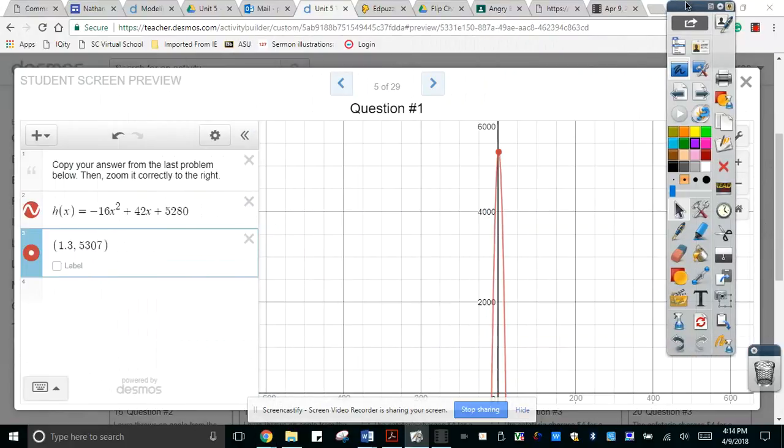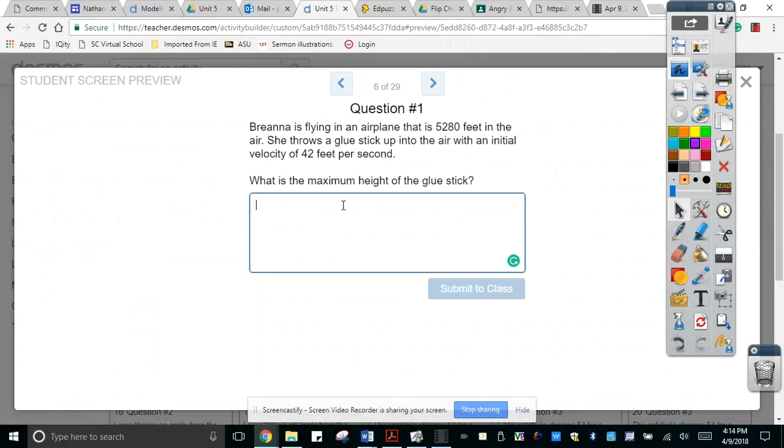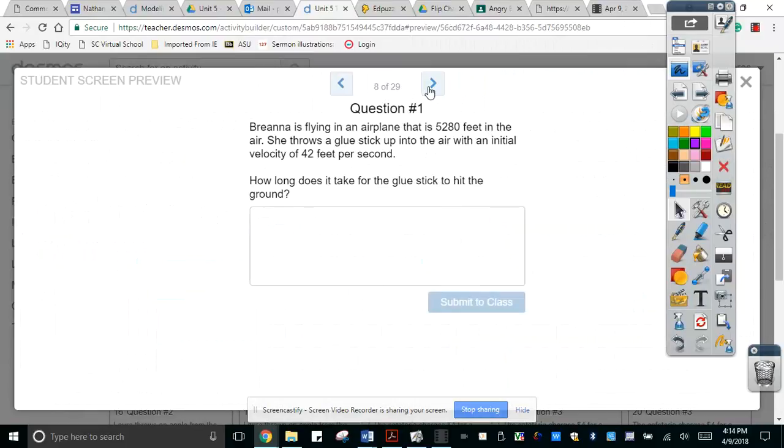At 1.3 seconds, the glue stick went 5,307 feet high. So answering the question, what's the maximum height? It's 5,307 feet. And when does the glue stick hit its maximum height? At 1.3 seconds.